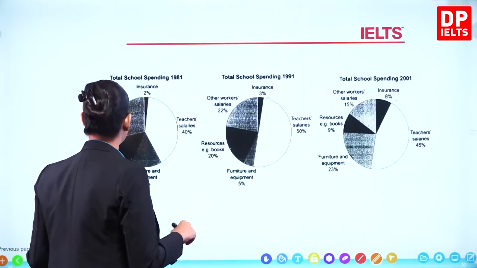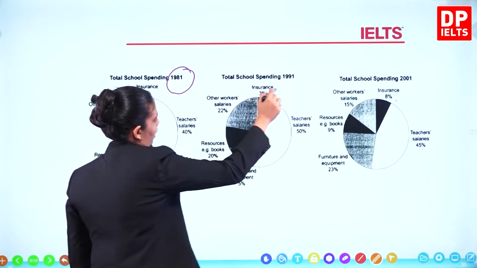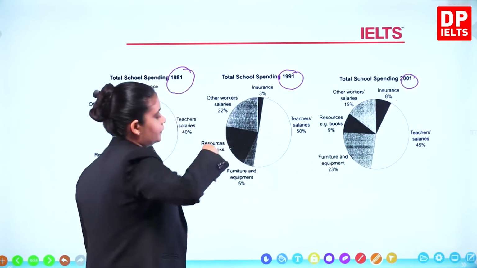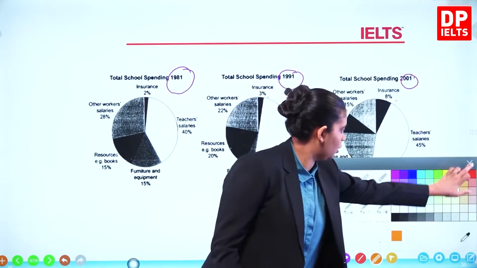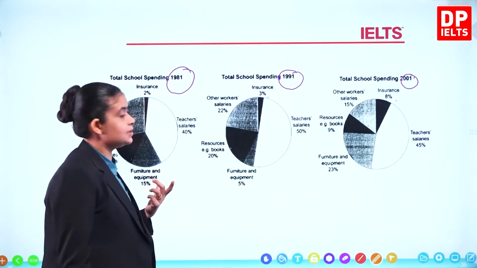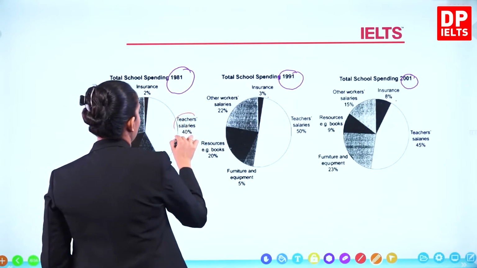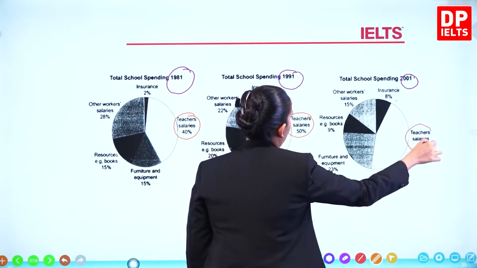How I would like to do it is I would like to write about 1981, 1991, 2001, or I feel there's another way you could do it. You could categorize this in terms of teachers and salaries, because that's the highest. You can talk about how it fluctuates.